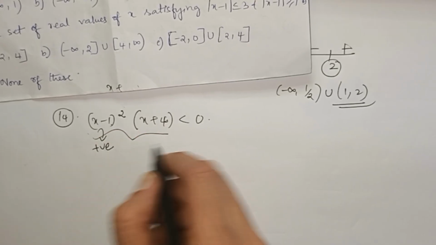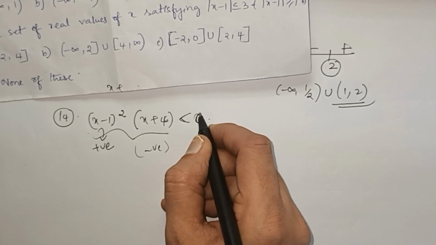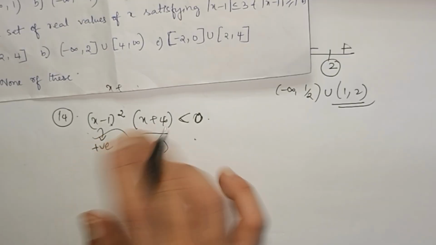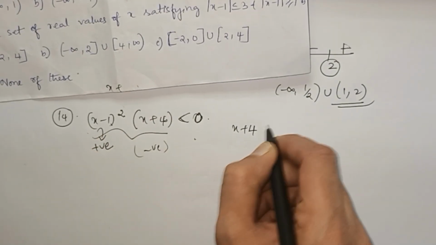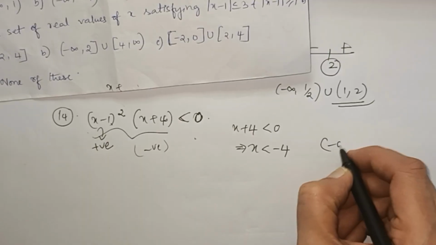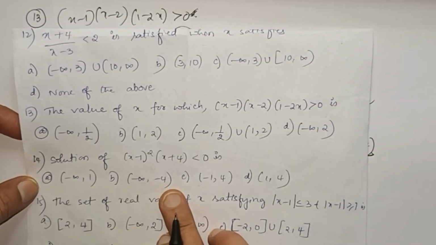Therefore, positive into negative gives negative, because it is less than 0 they have asked. So this is positive, no chance of this becoming negative. So the only possibility is x plus 4 must be less than 0, which implies x is less than minus 4, means minus infinity to minus 4. This is the solution of the inequality.